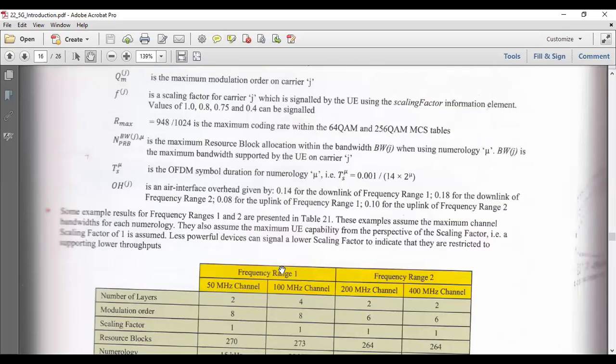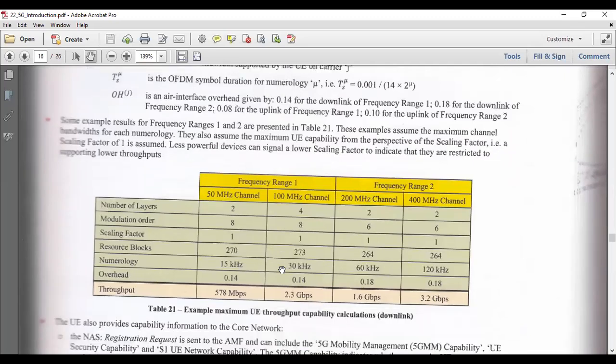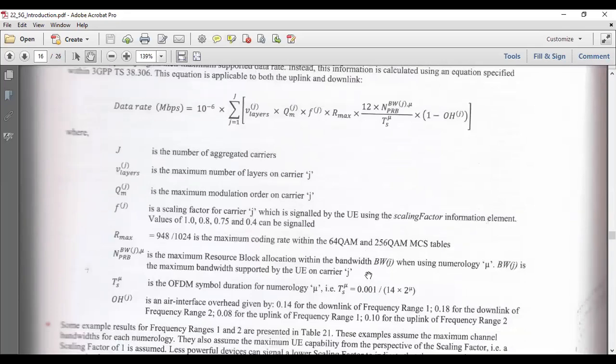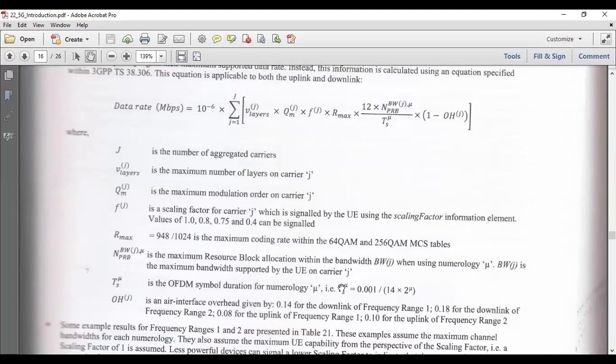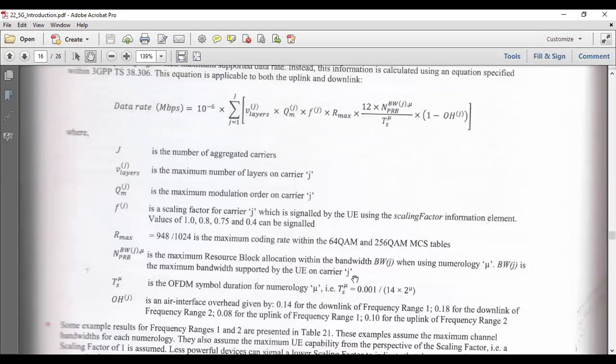We are discussing the maximum data rate, how we can have it. This OH means overhead. There are many different types of overhead, say for control purposes or radio propagation purposes, where you use different resource elements. So you need to subtract them.